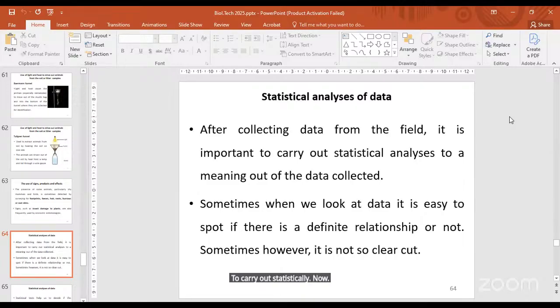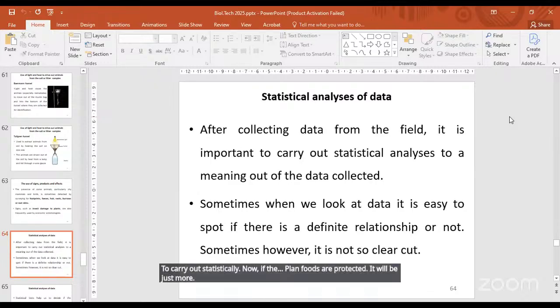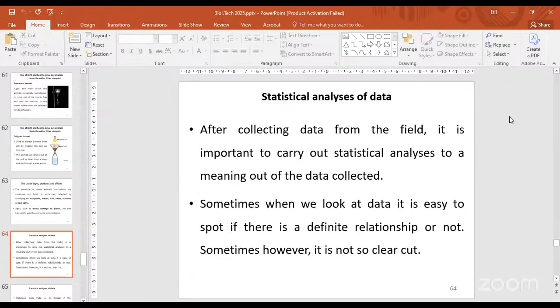If the samples collected are just a small sample, you can make some conclusions. But then, in cases where you have a large number of samples.